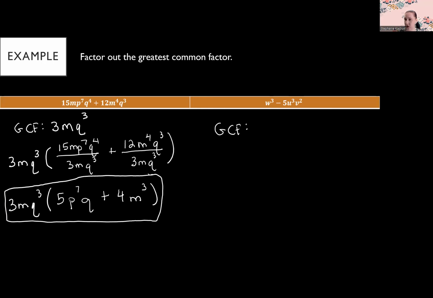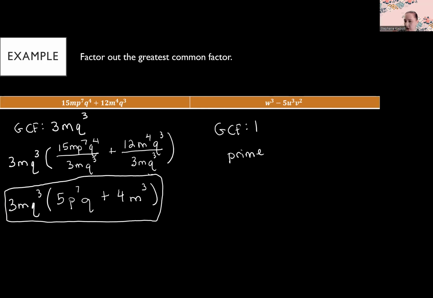And the second term has u and v, that's not in the first term. So there is nothing in common between these. That means there's no greatest common factor. The greatest common factor is basically just 1.